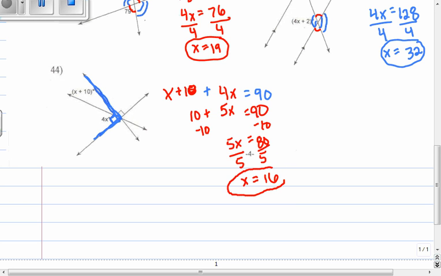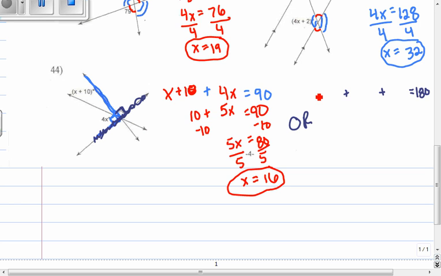Now, I do want to go over one more thing on this problem. Some people like to point out that there is this line here, and there is this right angle mark here. You could have alternatively set up this problem by saying I have a straight line.